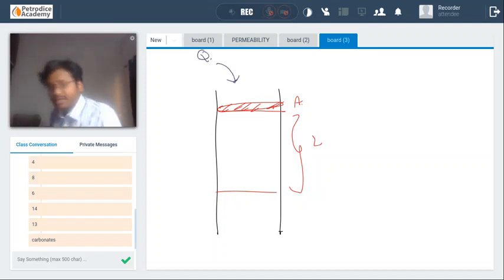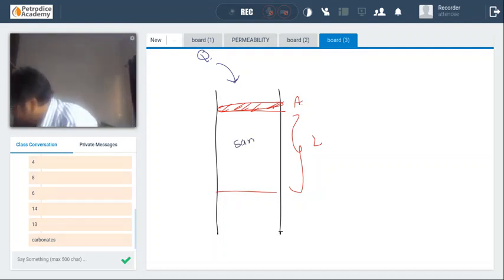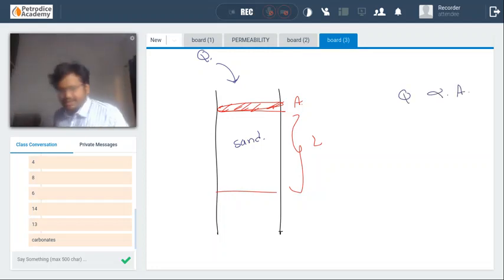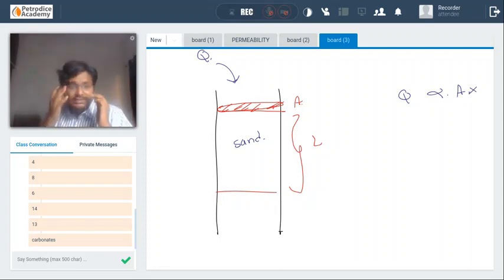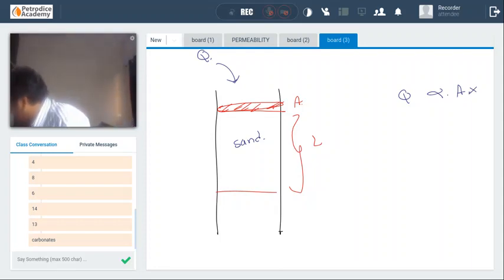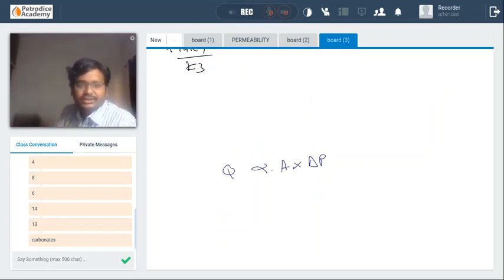He found out that the amount of fluid Q passing through the sand system is directly proportional to area for a fixed amount of time. This flow rate is also directly proportional to the pressure difference.